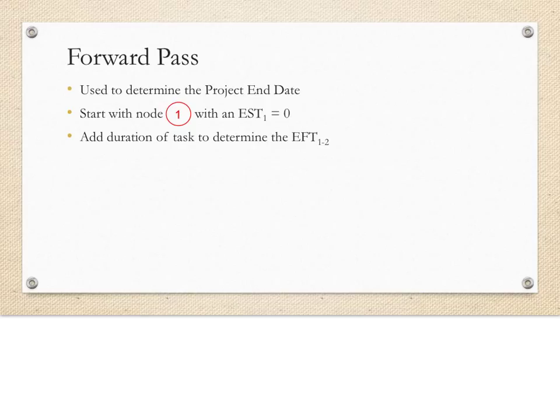We then simply add the duration of the task to the earliest start time of 0 to get the earliest finish time of task 1-2. So, as you see in this equation, the earliest start time of event 1 plus the duration of task 1-2 is equal to the earliest finish time of task 1-2.